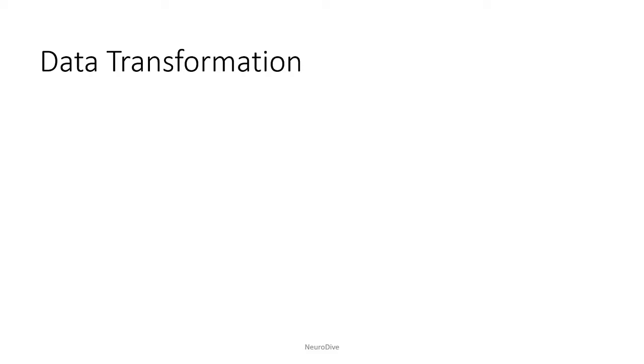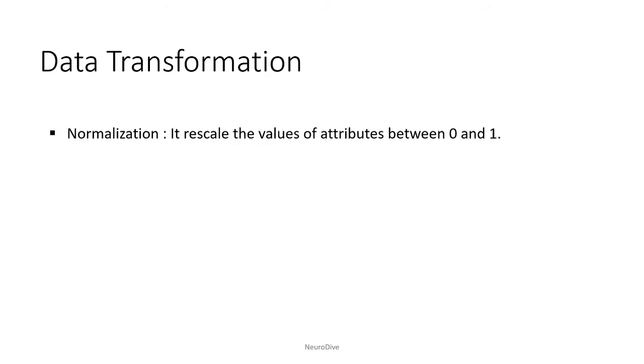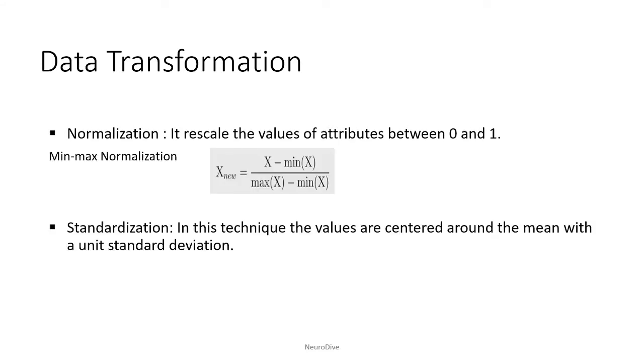In order that both attributes work equally and have the same weightage in our model, we generally normalize or rescale those attribute values. The two methods that we use to rescale attribute values are min-max normalization and standardization. These are the formulas for min-max normalization and standardization.